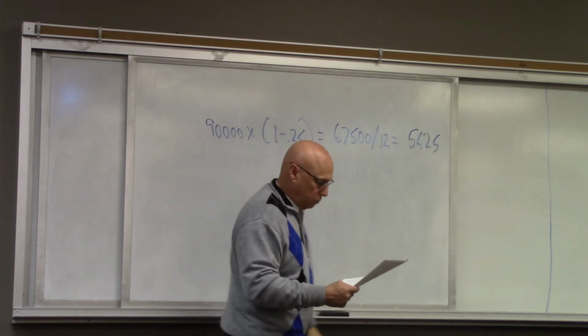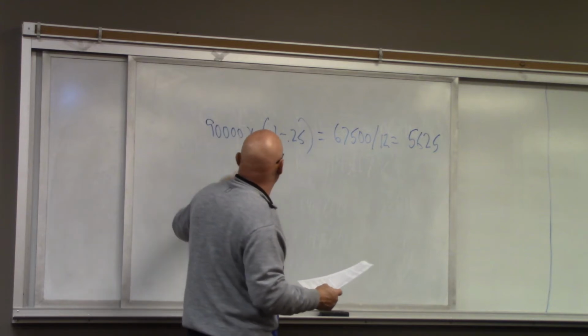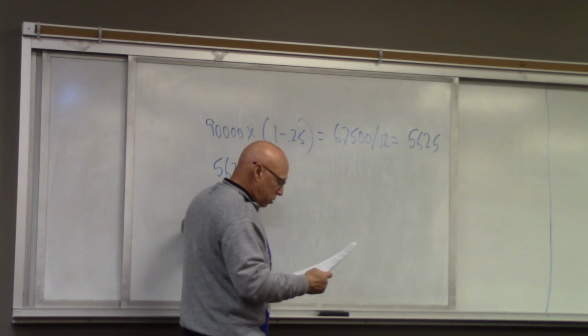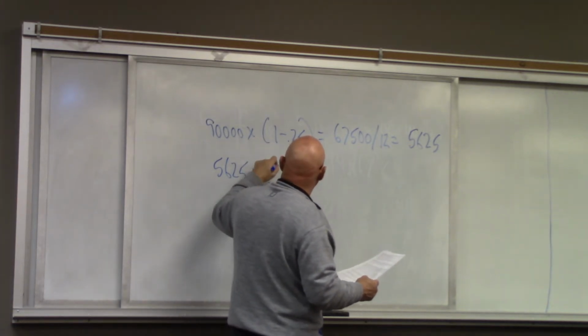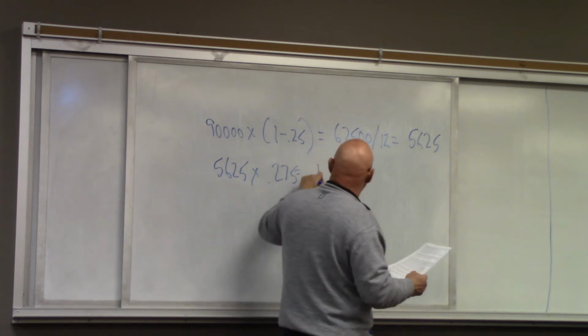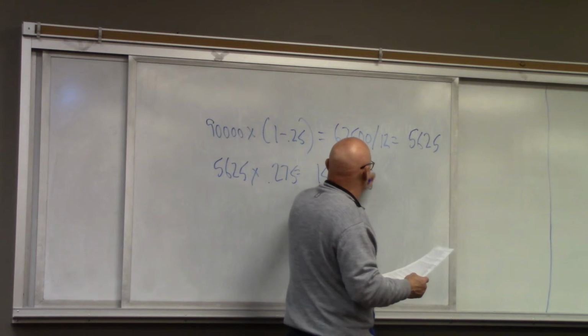You get that? Okay, 5625. Now we're going to multiply that times 0.275, and we get 1546.88, and there's our payment.